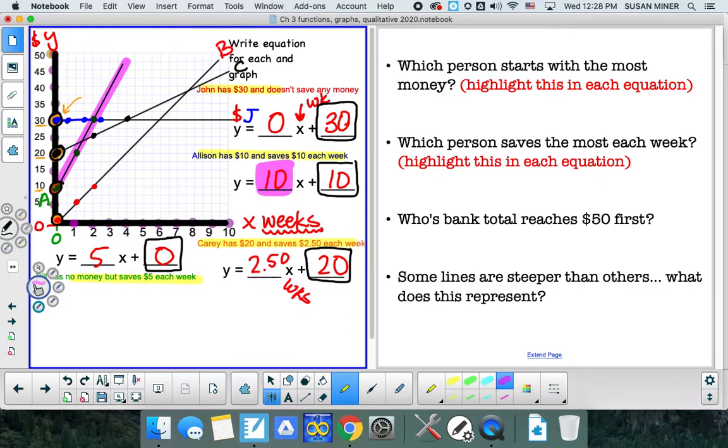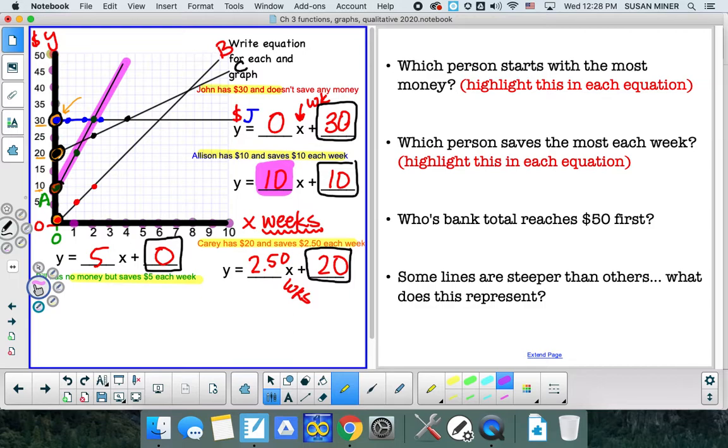Well, I can see that Allison's line is much, much steeper or going up faster than any of the other lines on the graph. So when I see a really steep line or a line that is increasing at a very quick rate, then I can also tell which person is saving the most. The other lines are not as steep as Allison's line.